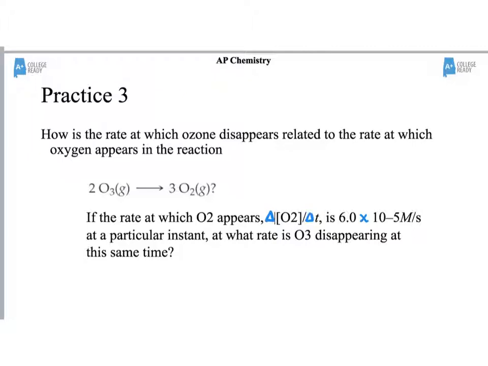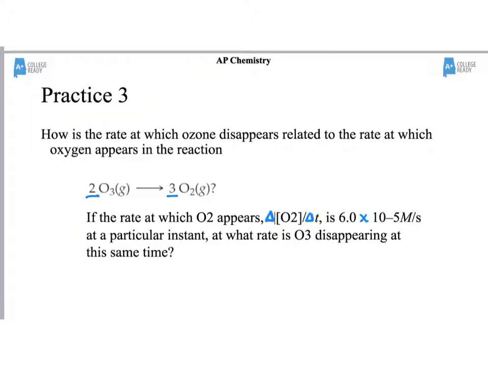So just based on these stoichiometric ratios, 2 and 3, which one's faster? The oxygen's faster. How much faster? If we know ozone, how much faster is oxygen? Oxygen is 3/2 faster.